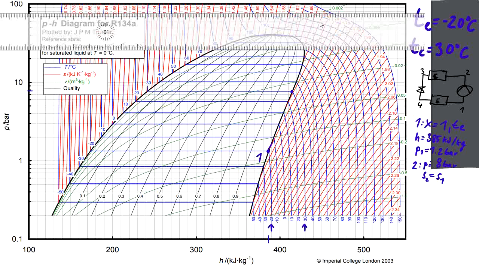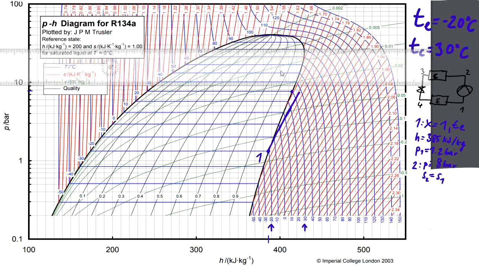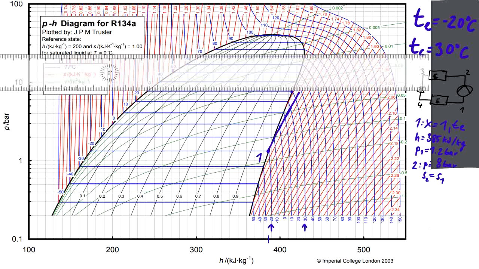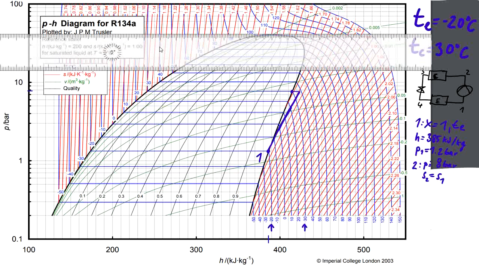So we will go by the red line, the isentropic process, until we get to the pressure at the point 2, and the intersection will be the point 2 itself. So it's over here.